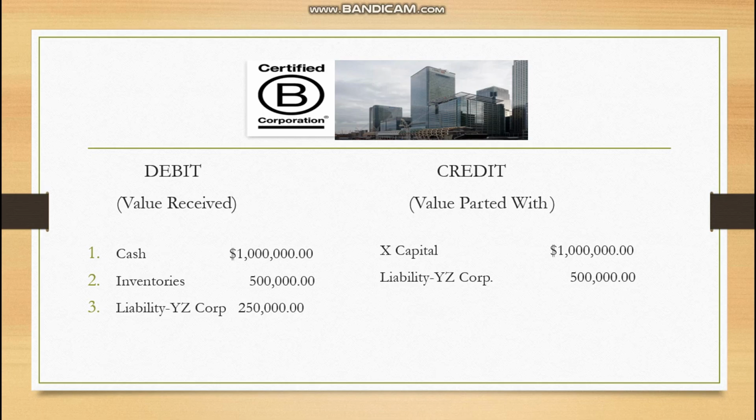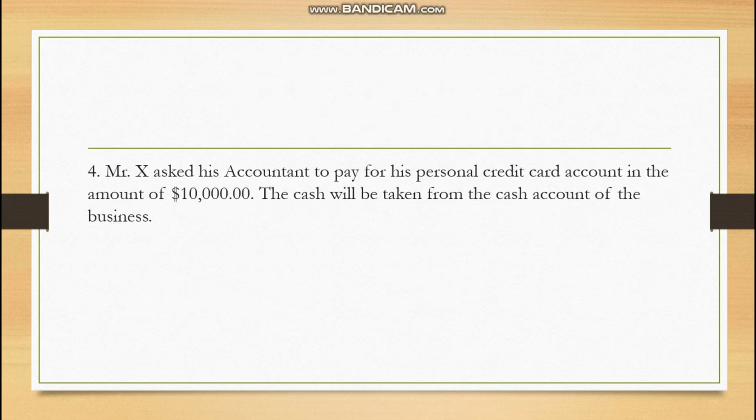The original amount, which is a credit of liability YZ Corporation $500,000, is deducted by debiting this amount. So debit liability YZ Corporation $250,000 and credit cash $250,000. So let's proceed to the next transaction.